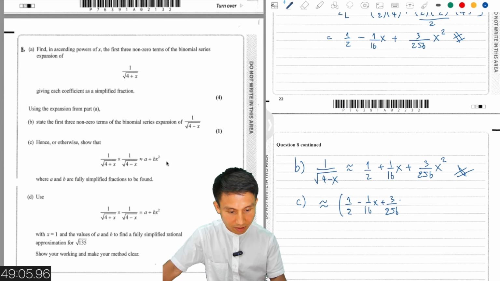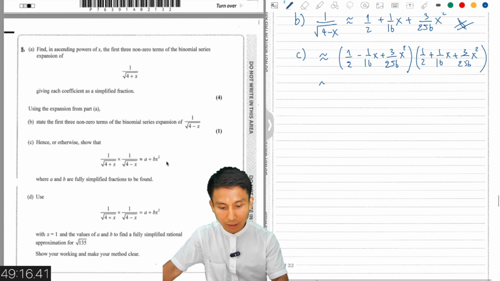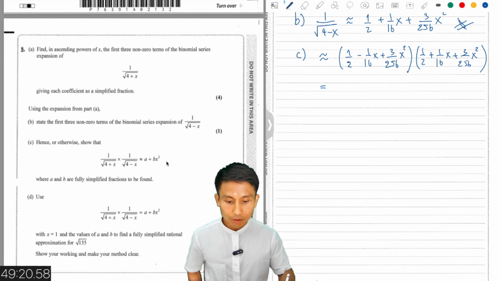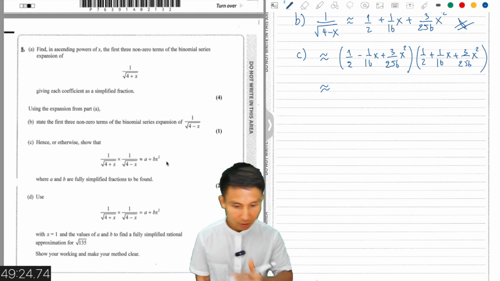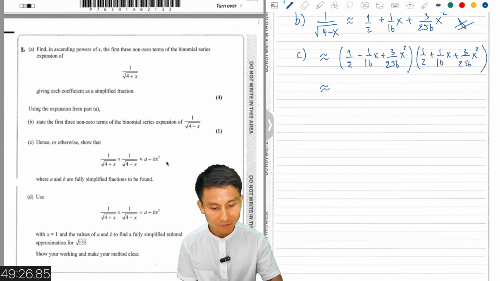So I'm just going to write down here everything first. We're going to multiply that with that, yeah? And I'm just going to do the same sign there, approximation. Okay. So the first term times the first term, you get 1 over 2.